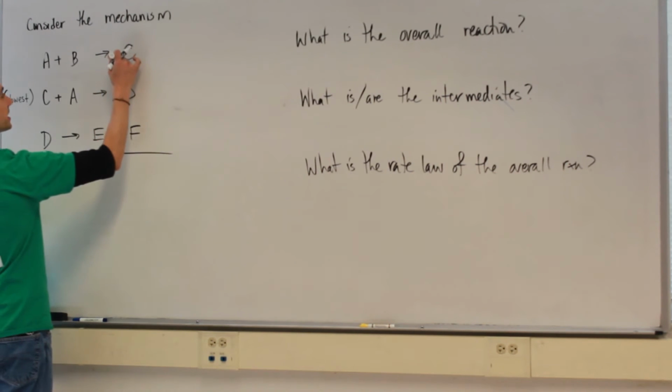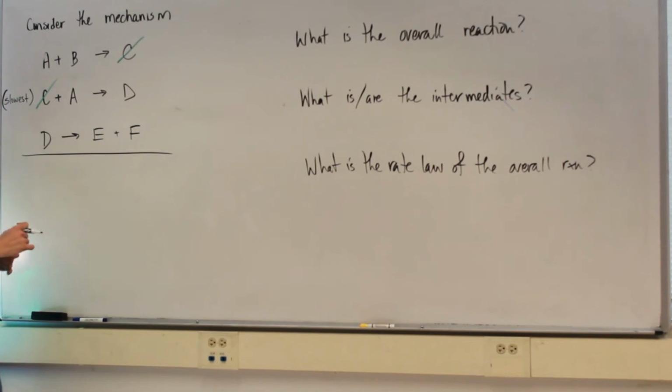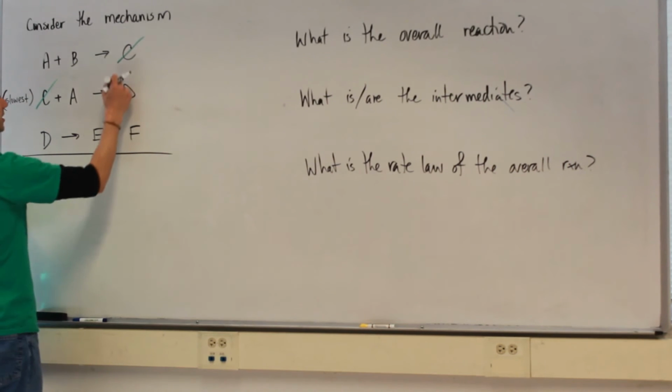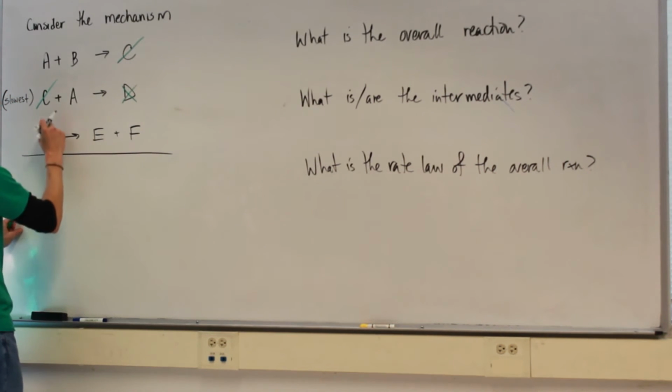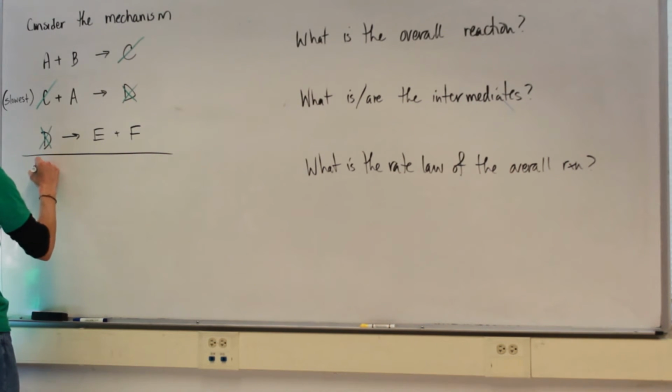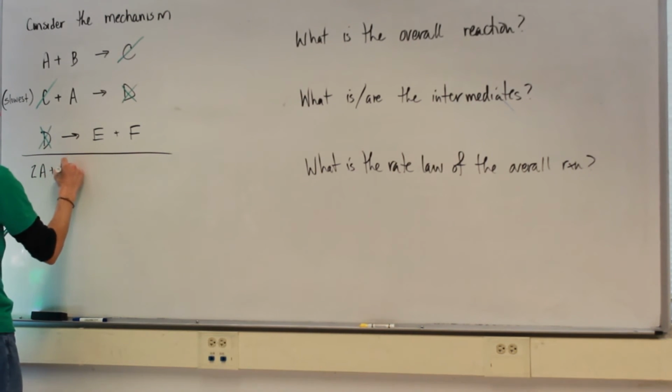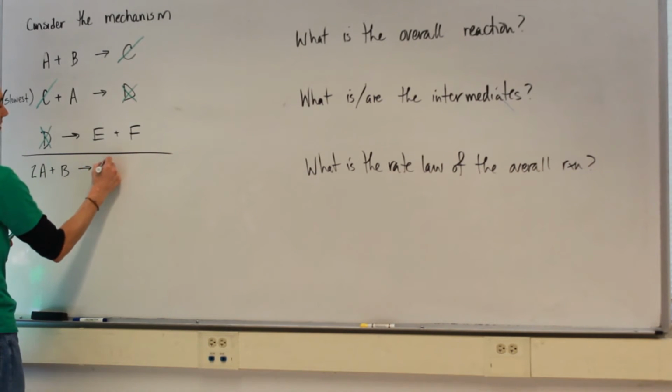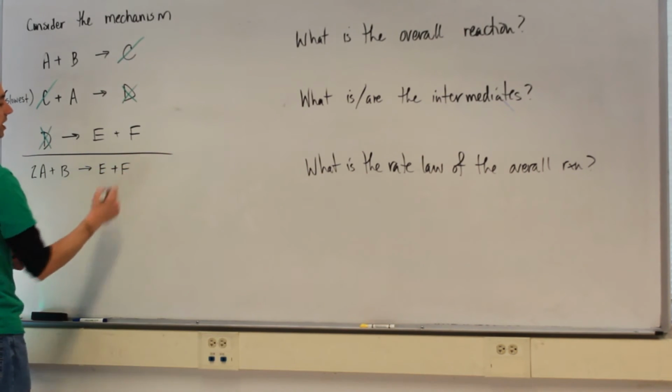And so you can see that the C produced in the first reaction is eliminated or used in the second reaction. The D produced in the second reaction is eliminated in the third. So your overall reaction becomes 2A plus a unit of B produces, in this case, E plus F.